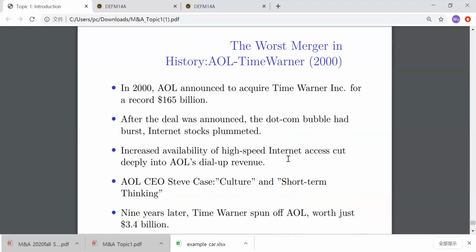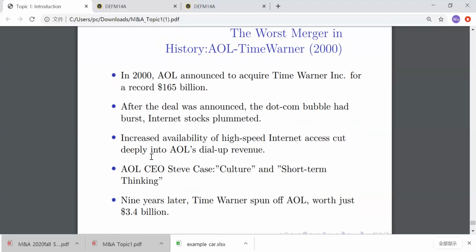So that makes the acquisition really, really bad. After 10 years, the AOL CEO Steve Case quoted the main reasons that this deal failed: it was because this deal was driven by wrong cultures and short-term thinking.